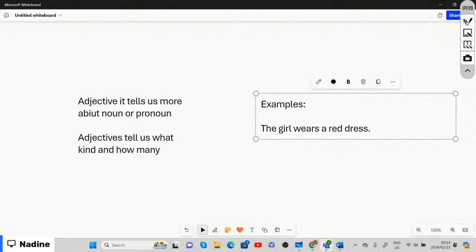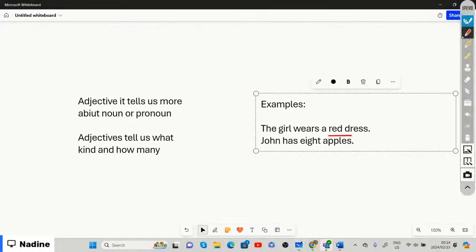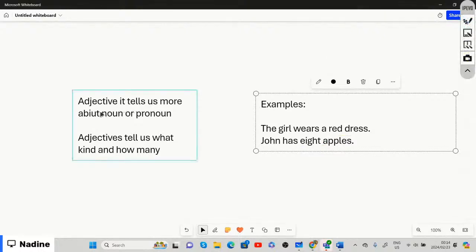If we say John has 8 apples, then the word eight tells us how many apples John has, because now we are describing, or telling more about, the noun.